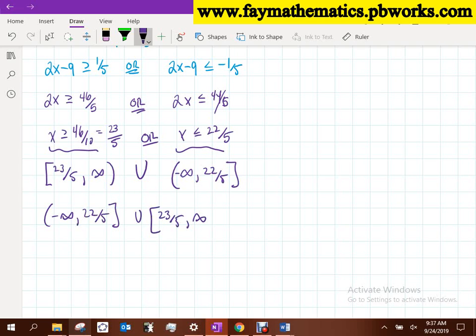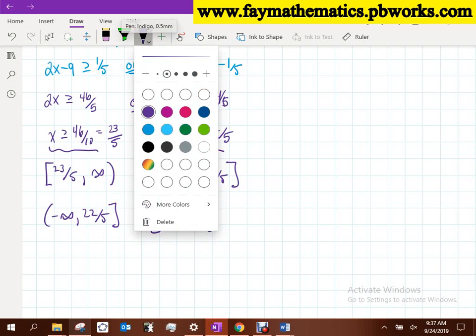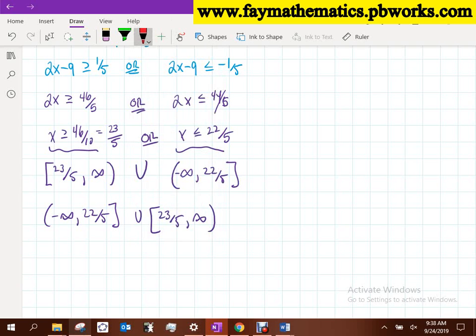23/5 to infinity. Okay? If on a test or quiz, because I'm early on, you'll find out that I'm lenient, and hopefully you saw some of that in your quiz. If you wrote this on a test or quiz, I would just write "be careful." Okay? And I would award points to it.